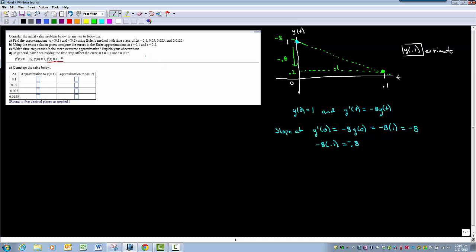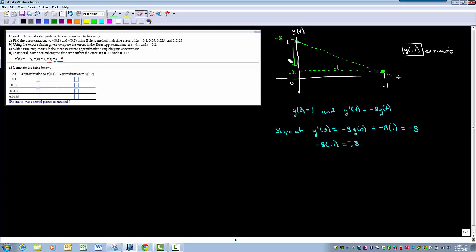So, given a change in t value of 0.1, which is just one of these, I'm estimating that y at 0.1 is approximately equal to 0.2. The height value at 0.1 is approximately 0.2. Now I know your question was on these down here, and I'll get to those, but I want to set this up.